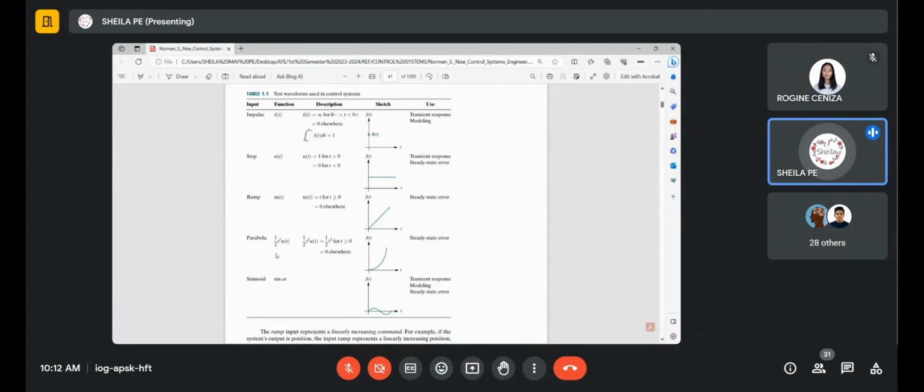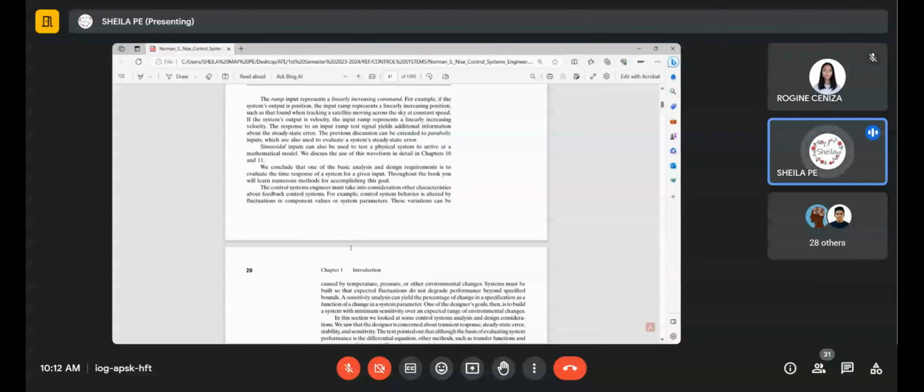Delta t, u of t, t u of t, 1/2 t squared u of t, the sine omega t. These are their descriptions and also their uses.